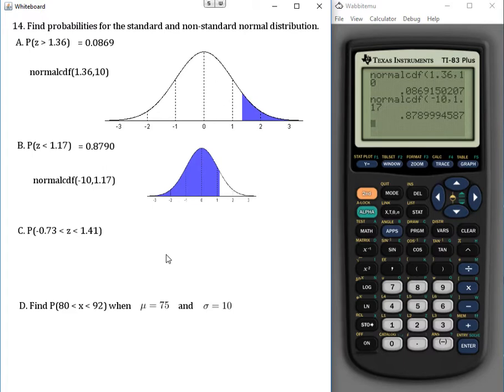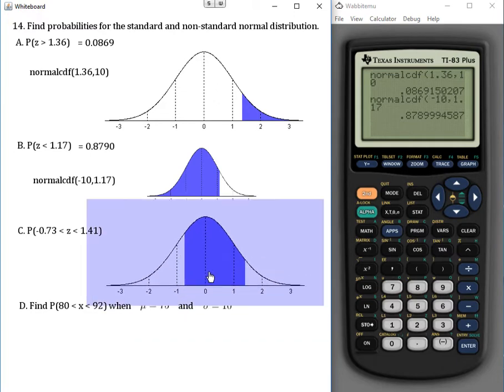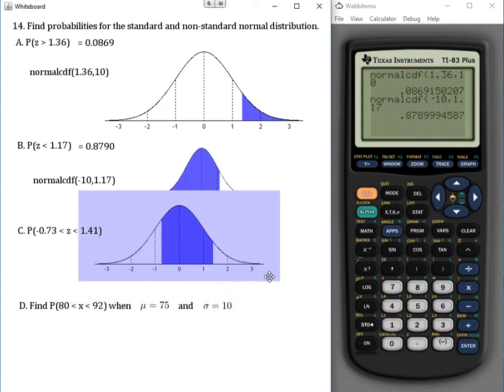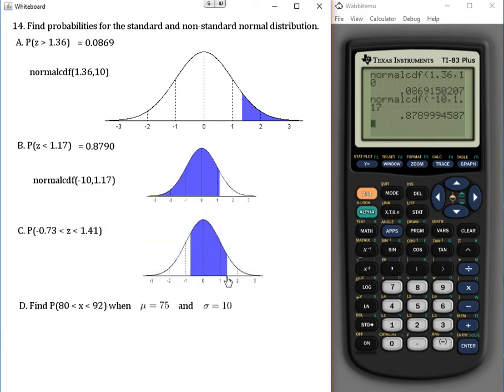Part C, the probability that z is between negative 0.73 and 1.41. So again, if I draw a distribution, then what I need to do is approximate where 1.41 is and negative 0.73. I'm shading the area in between here because I want z to be greater than negative 0.73 and less than 1.41.